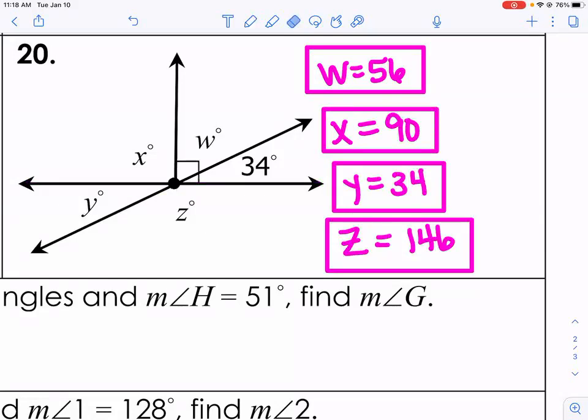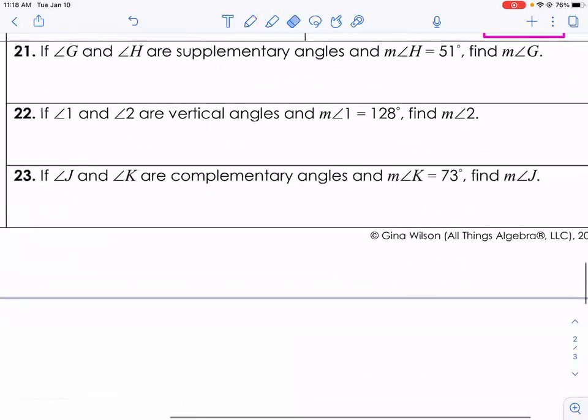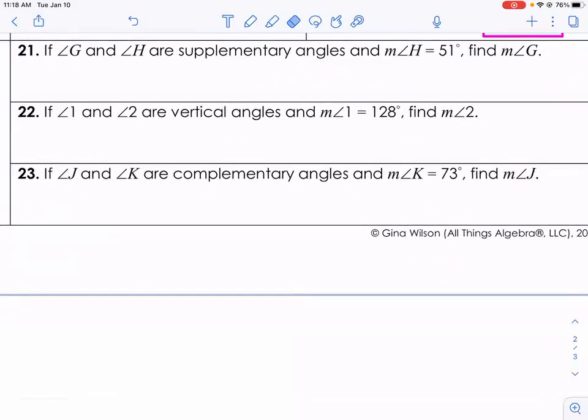All right, last little bit here. We're going to look at these problems that don't have pictures. But guess what? I think that these are easier. They give you the word supplementary. Kinley, what does supplementary mean?